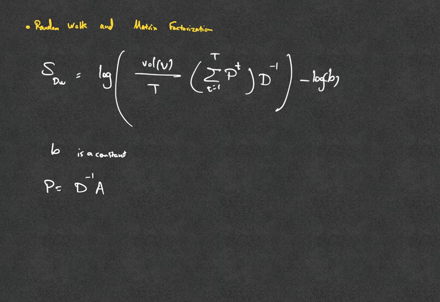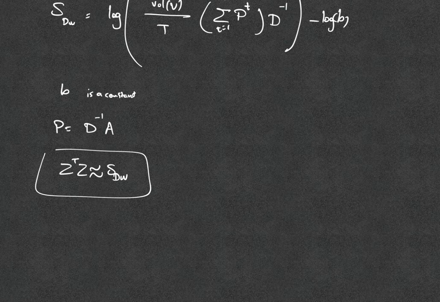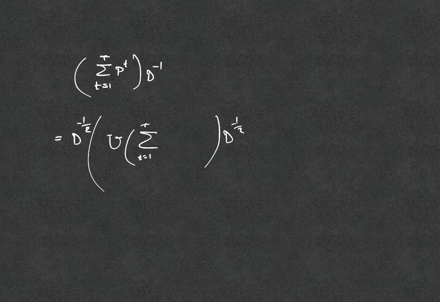Now, if we define this similarity measure, the embeddings learned from deep walk will satisfy this approximation. We can look into this component of the work. So for t from 1 to T, P^t, where P is D^-1 A. Again, this can be decomposed like this. So D is going to be a matrix of degrees, and so we're going to have U, and for each one of these, we will have the eigenvalue diagonal.